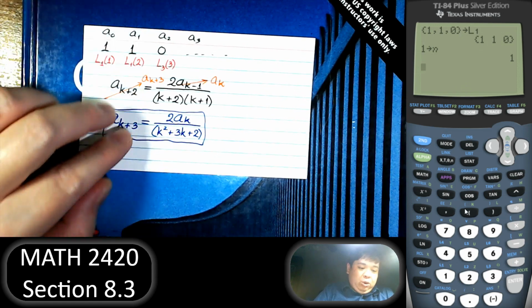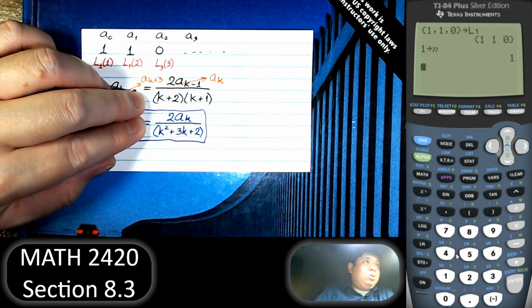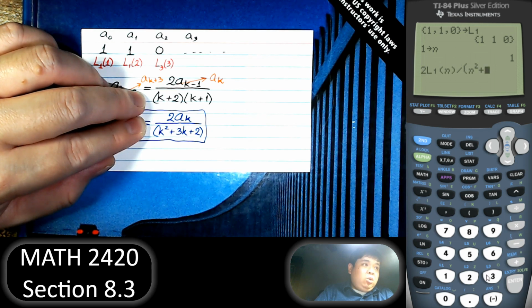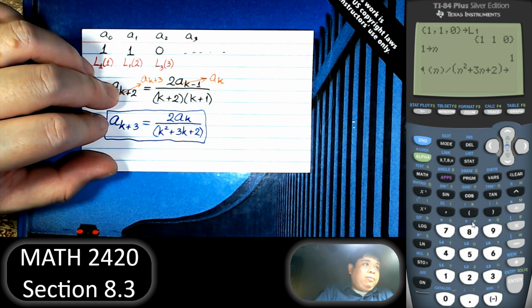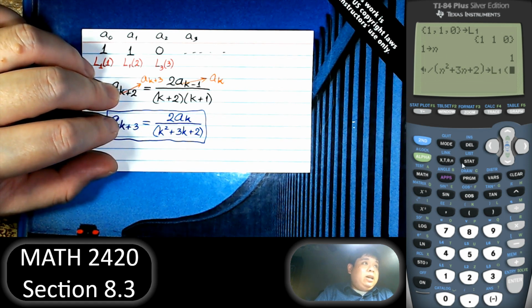Now we do this recursion: 2 times L1 of n, divided by n squared plus 3n plus 2. When we do that, we're going to put it in L1 where the index will be n plus 3.